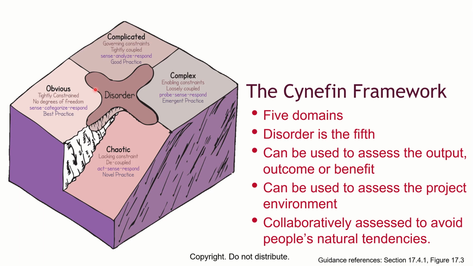So you can use the Cynefin framework to assess the output, the outcome, as well as the benefits. In a project environment, you can be working with people in different time zones. And if you are working with people you have never worked with before in different time zones, you know that the clock will not be the same.